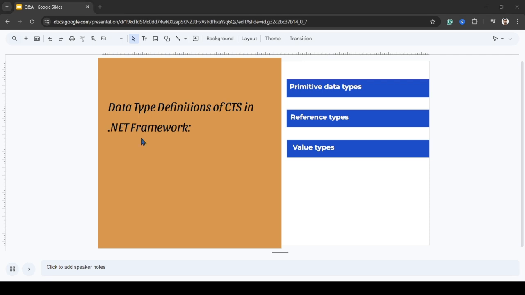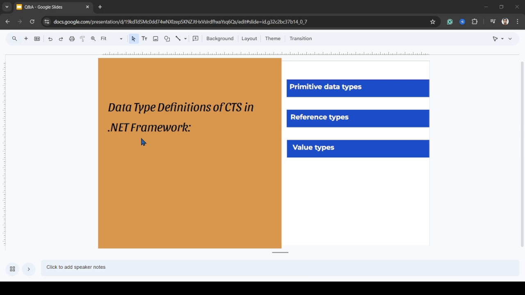The data types that are defined in CTS are primitive type, reference type and value type. What are the primitive types? Basic data types like integer, int, floating point numbers that are float or double, then we have characters, char, boolean and so on.